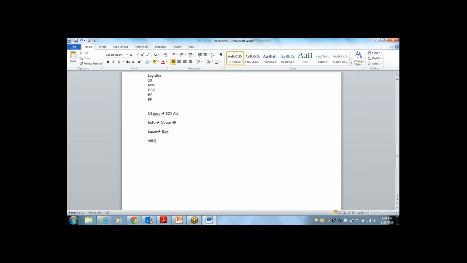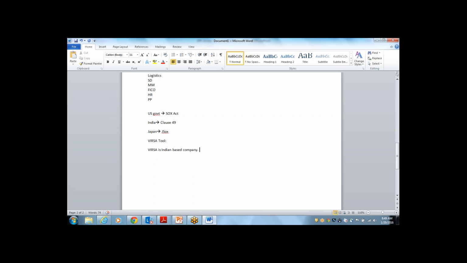I'm telling you the powerful and very important third-party tool we had is the Virsa tool, and Virsa is an Indian-based company. It is completely an Indian-based company.